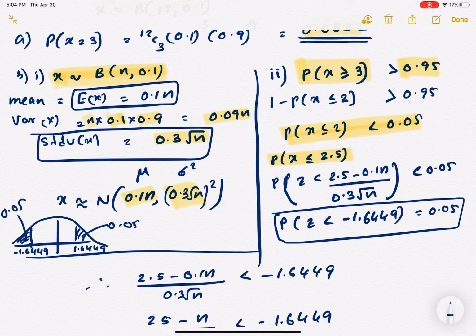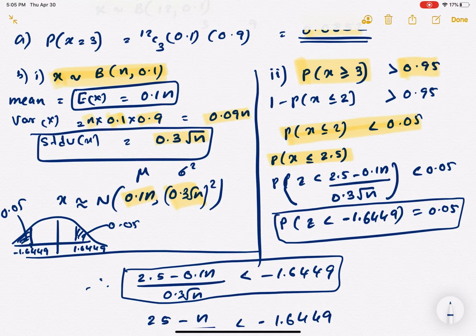If you consider this to be an inequality like this, the right hand side is the same. Therefore, this value of (2.5 minus 0.1n) over 0.3 root n should be the same as or less than this value. Yeah, this is exactly equal to 0.05. Therefore, if it is less than that, it should satisfy this inequality.